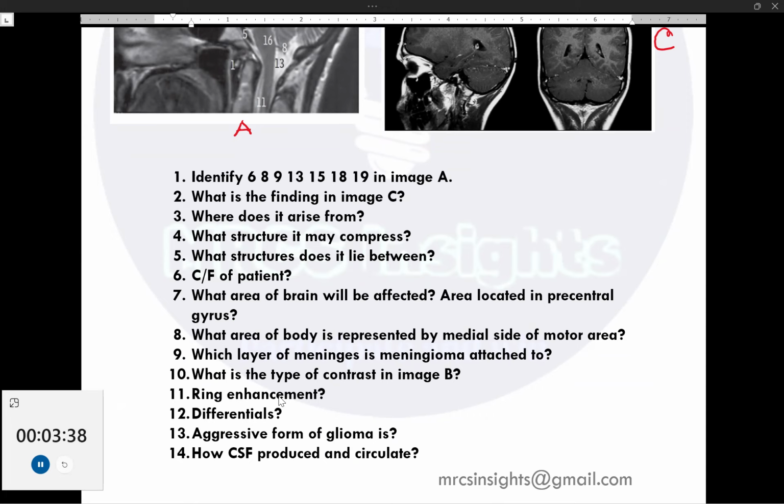This enhancement represents the breakdown of the blood-brain barrier and development of an inflammatory capsule. Excellent.